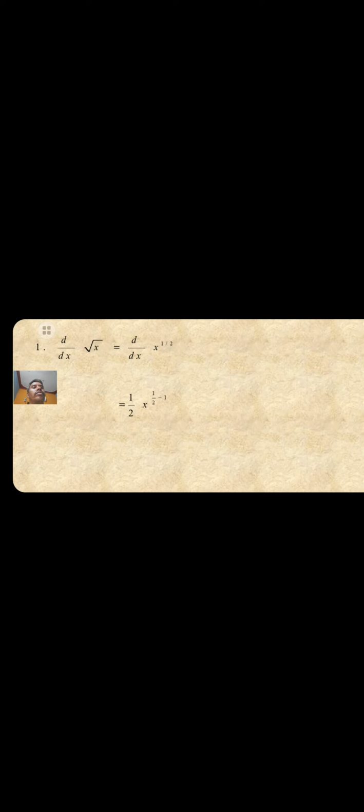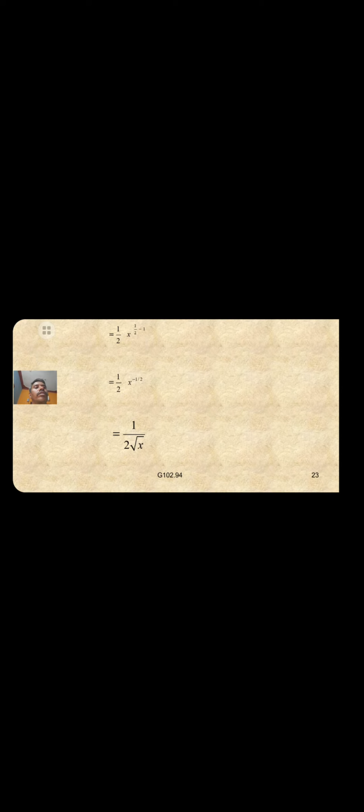Here n is 1 by 2, so it is 1 by 2 into x power 1 by 2 minus 1, that is 1 by 2 into x power minus 1 by 2, that equals 1 by 2 root x.